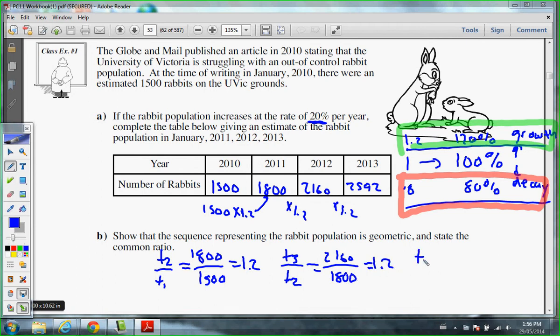And T4 over T3 equals 2,592 over 2,160 equals 1.2. You can see it's 1.2 for all of them. So our growth, or our R, is 1.2, as we stated on the right as well.